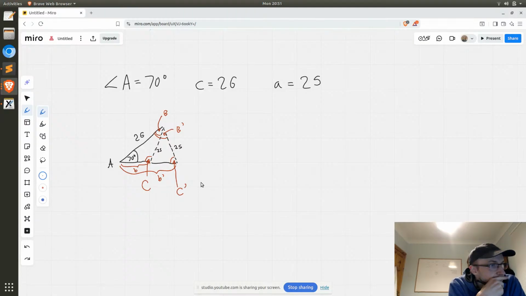And how to actually get that. Well, when we get this missing angle C here, the other possibility is that they will be, what's the word for when they both add up to 180?